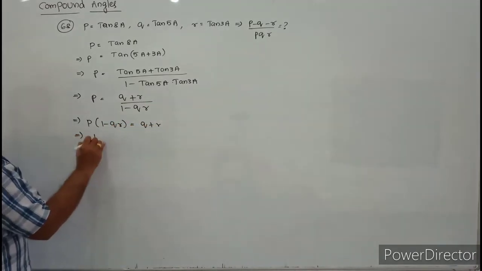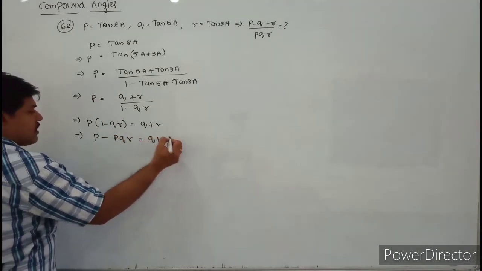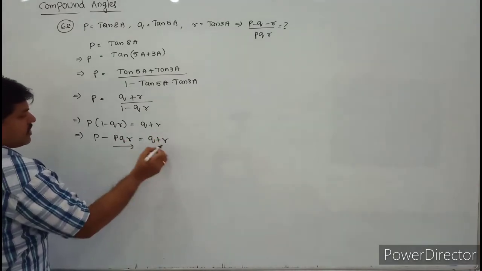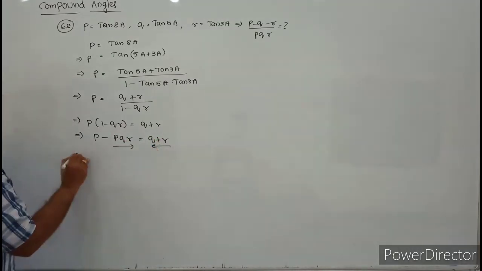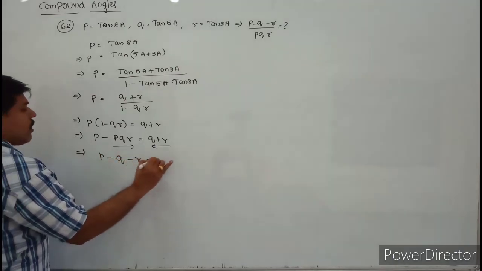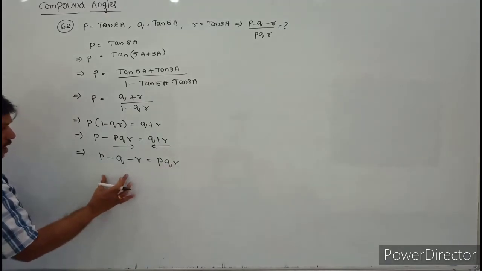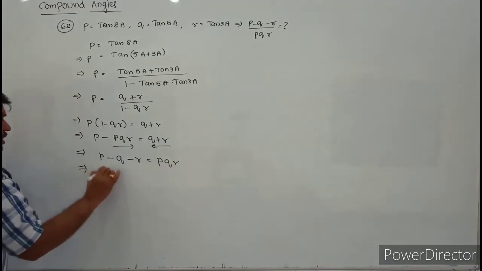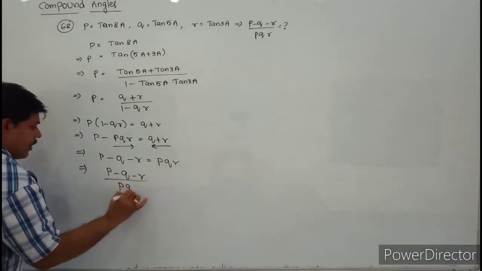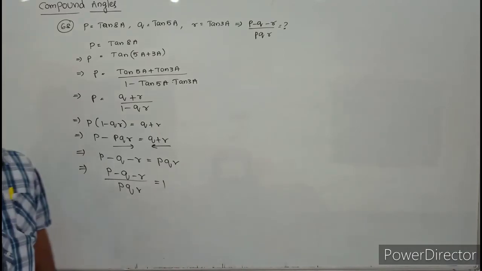So that implies p minus pqr is equal to q plus r. Take this pqr to that side and take these two terms to this side. What happens, students? p minus q minus r is equal to pqr. Take this value to the denominator. So p minus q minus r by pqr is equal to 1.